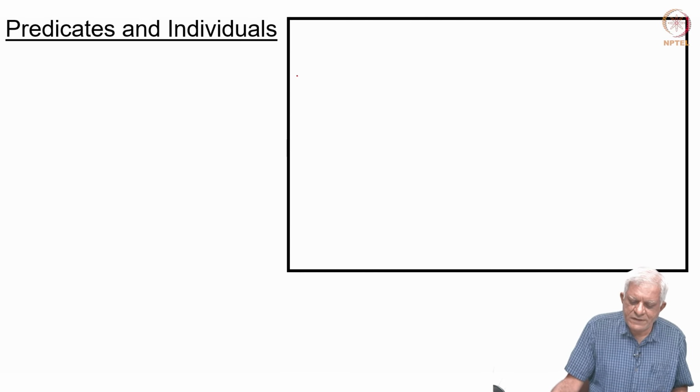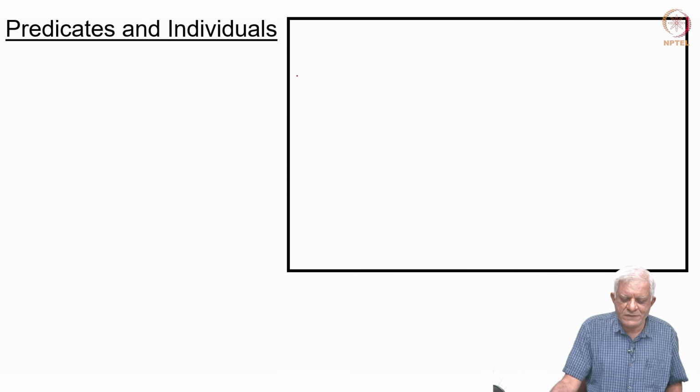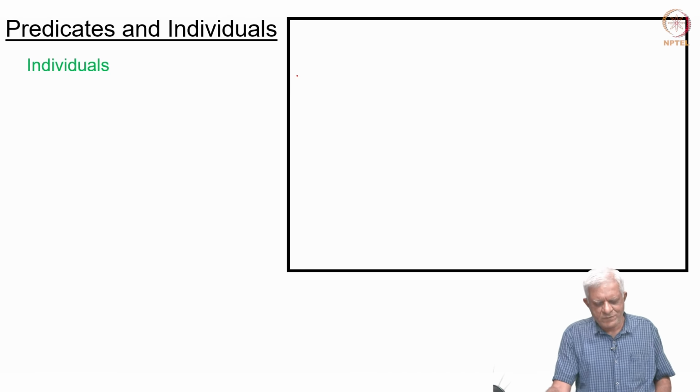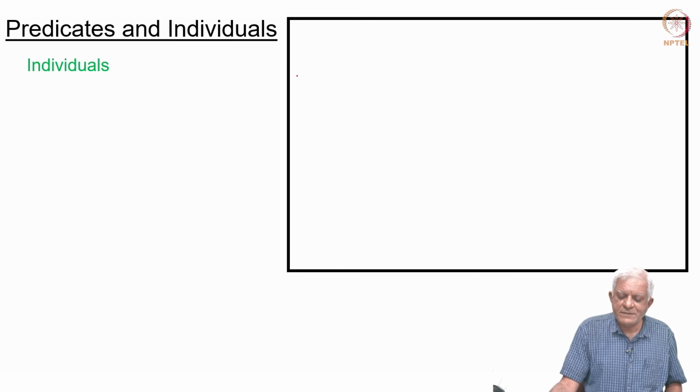So, let us look at predicates and individuals in a little bit detail. So, this is, as I said, the universe of discourse or the domain D, and individuals are members of the set. So, this is a set, the universe of discourse or the domain is a set, and individuals are basically members of a set.